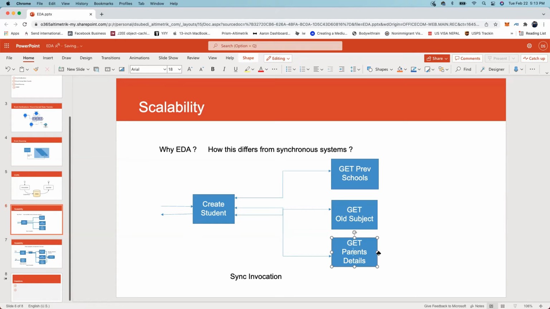So this example here just talks about an API, this whole block, that takes a request for creating a student.